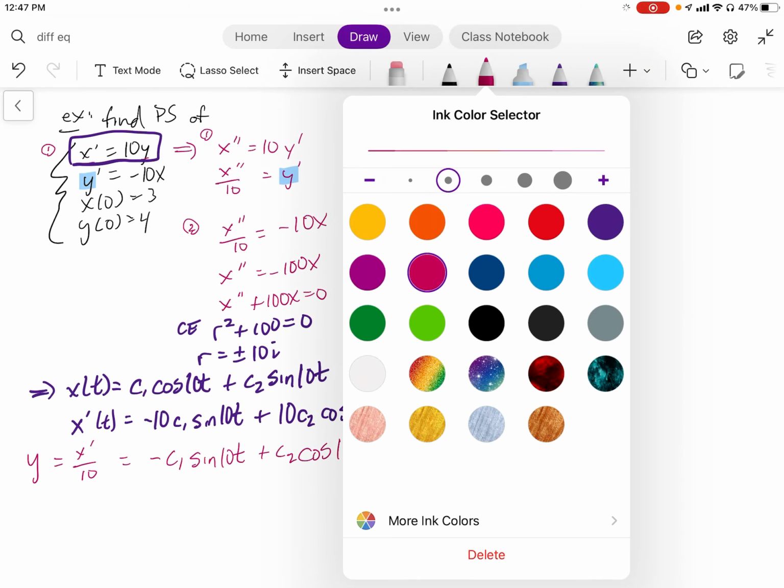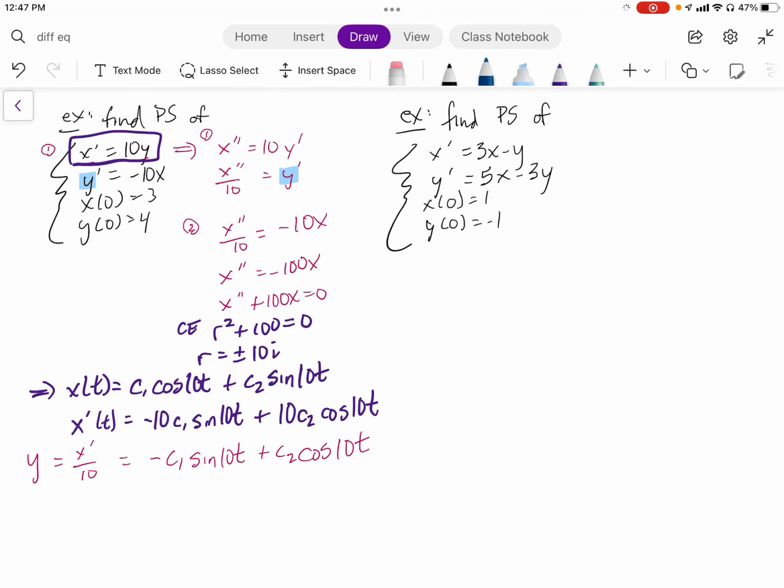Let's do a new color here. Blue sounds good. So x of 0 is 3 yields the fact that 3 equals c1 times cosine 10 times 0. Cosine of 0 is 1, so we'll just have c1, plus c2 sine 10t.